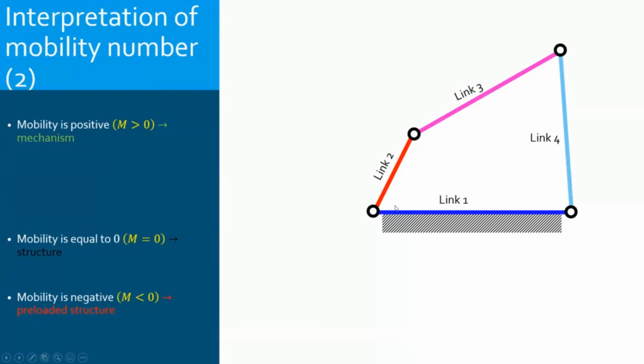So if I give you the angle theta 2, you will be able to find the position of the whole mechanism. You will be able to find the position of link 3 and of link 4. Why? Because links 3 and 4 are tightly dependent on the position of link 2.